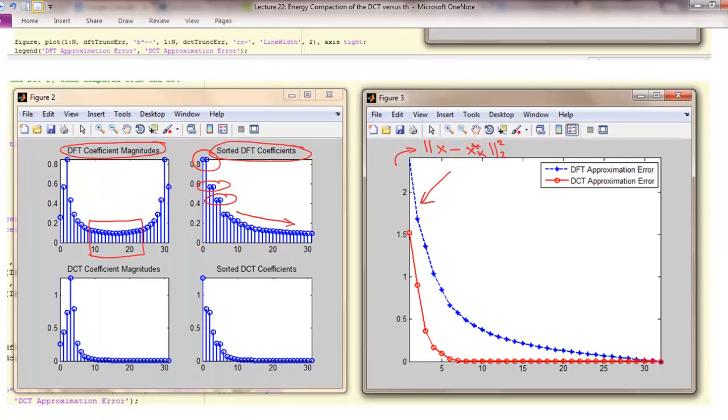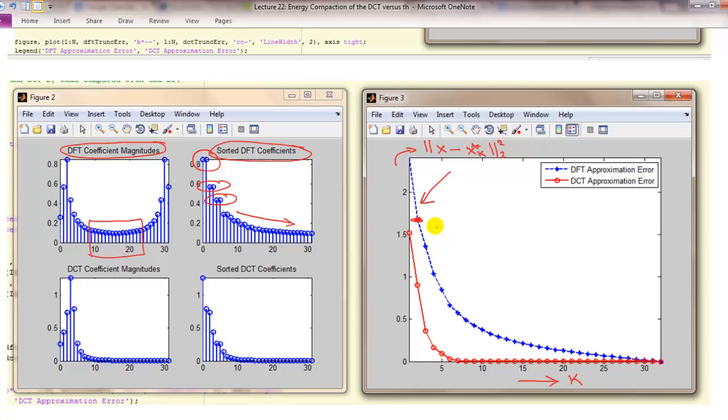Okay. So on the y-axis you have the error, on the x-axis you have the value of capital K. Okay. So when k equals 1, I believe I start at 1, this is the amount of error that I get. When k equals 2, this is the amount of error that I get.